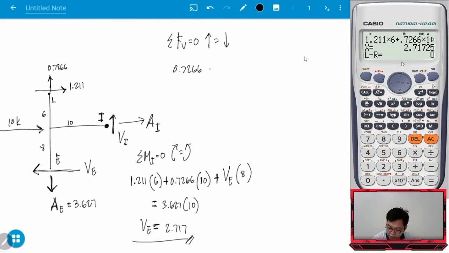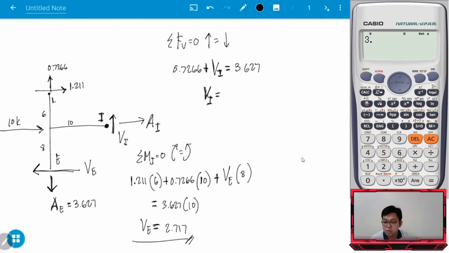Yung VI, that must be equal to yung downward force natin na 3.627. So, therefore, I can actually solve VI dito. So, masolve ko yung VI, no? Ano yung VI natin? 3.627 minus 0.7266. Okay, so that's 2.90.